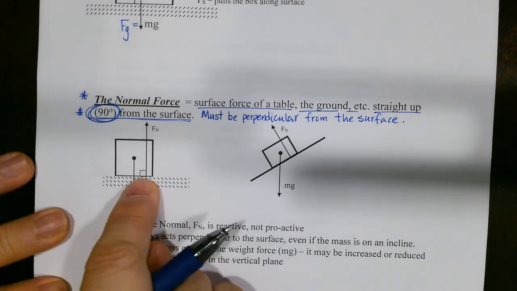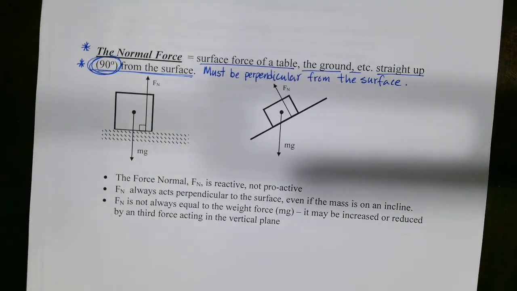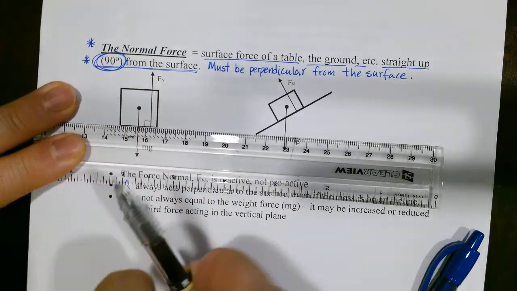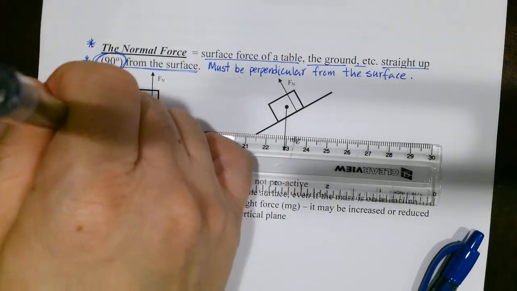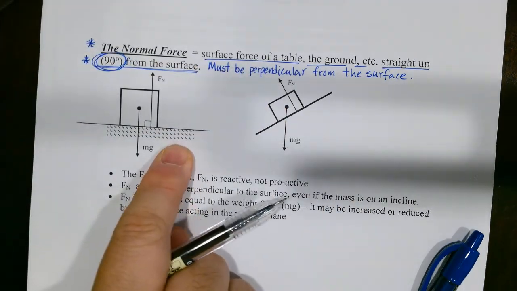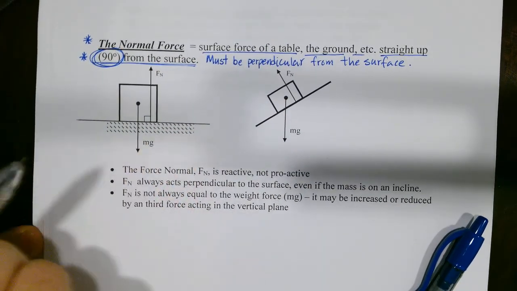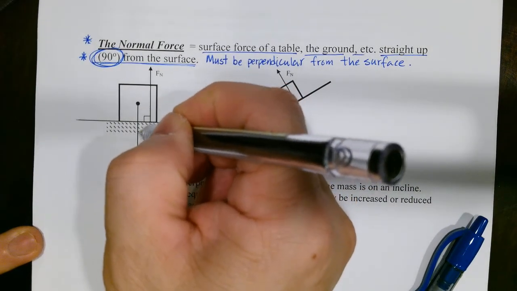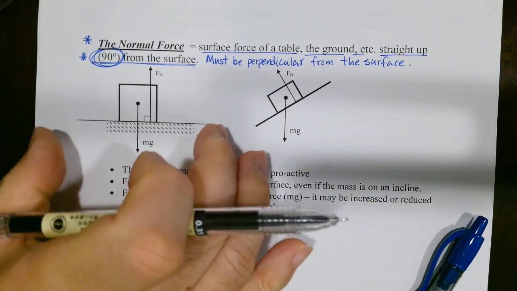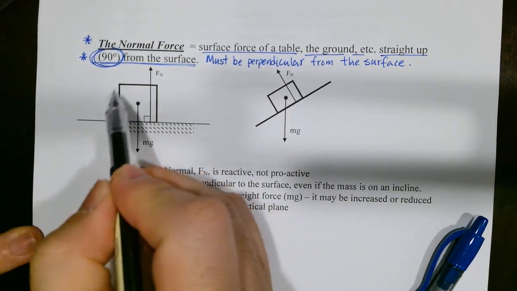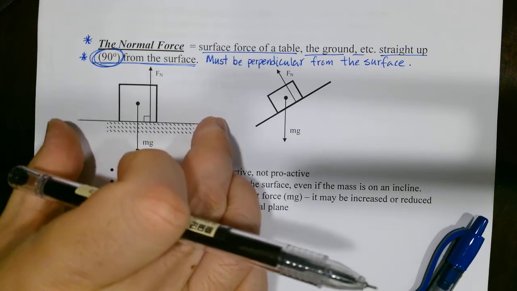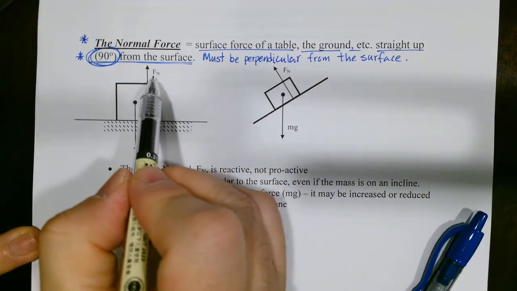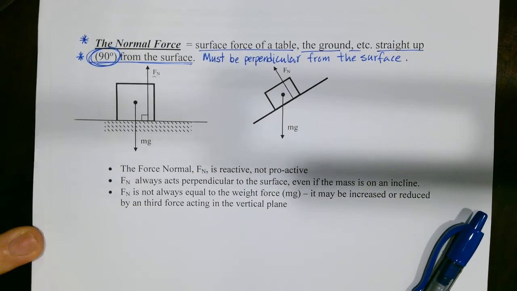So if we had an object on a horizontal surface, so this is a horizontal surface right here, and if we were to just lay this object down on a horizontal surface without any other forces acting on it, gravity is the only force acting downwards, and in order to support this object's weight, the surface has to act up on the object with a normal force.